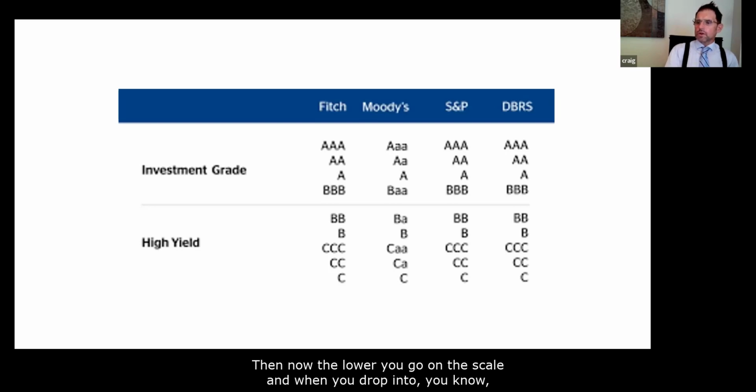Now the lower you go on the scale, when you drop into high yield and junk, you're really taking a considerable risk on whether that entity is still going to be able to pay when payments are due, as well as when the principal is required to be returned. So that's the essence of the credit rating system.